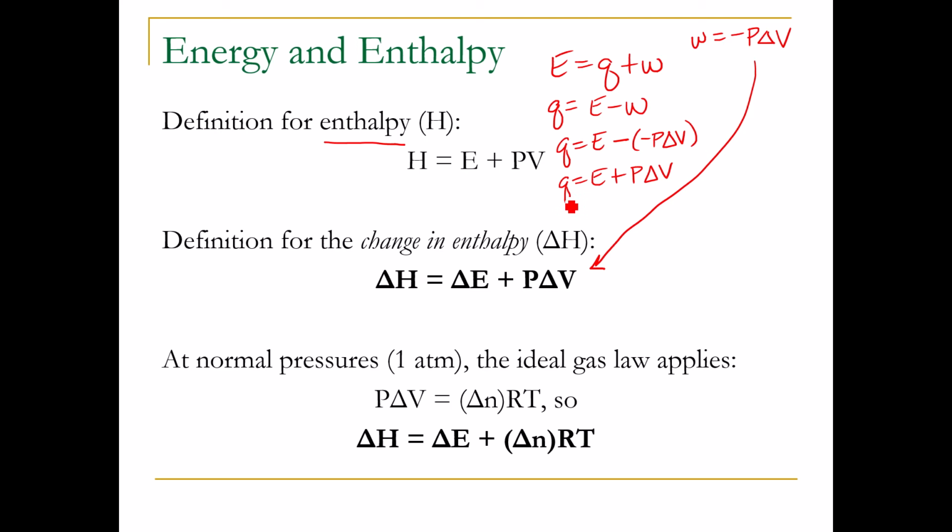Now we're still defining it as Q, but when we have constant pressure, we can apply normal pressures of 1 atmosphere, and that being constant, we can apply the ideal gas law. The ideal gas law then allows us to look at enthalpy, which is our delta H, as the Q, or the heat value.